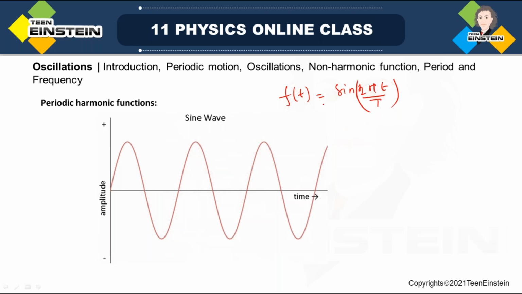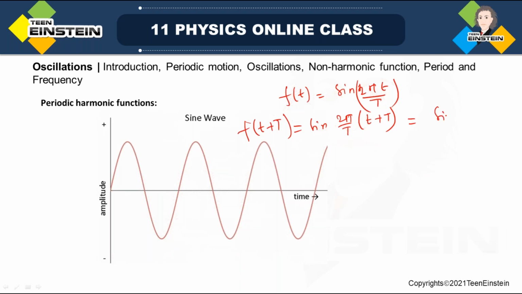Now when t becomes t prime, means t plus capital T, so here f of t plus capital T is sine of 2 pi by T times t plus capital T. If we put that over here, look how the function remains the same.